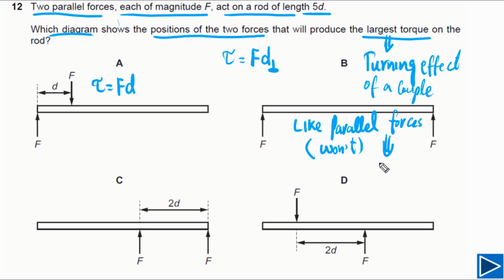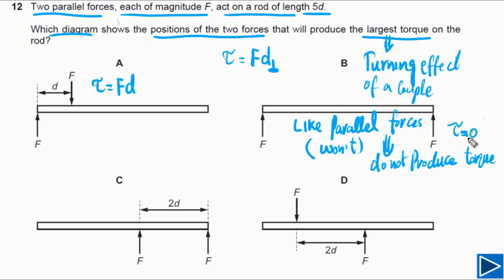So this is the point you need to understand. In this case, torque will be equal to 0. So tau will be equal to 0.